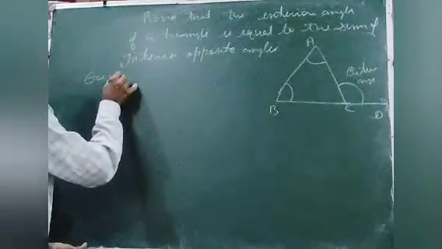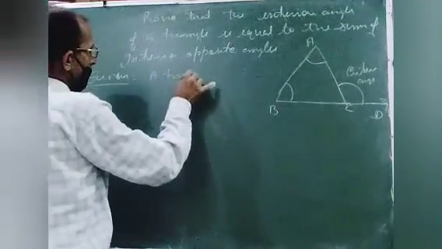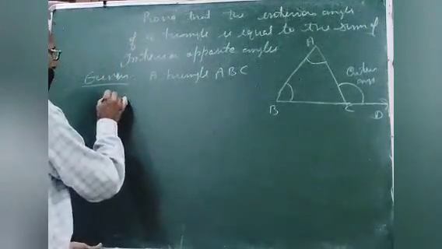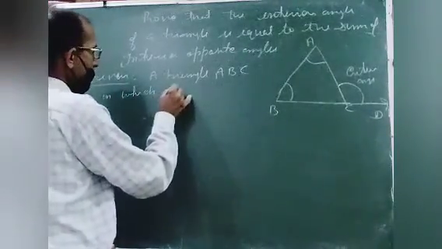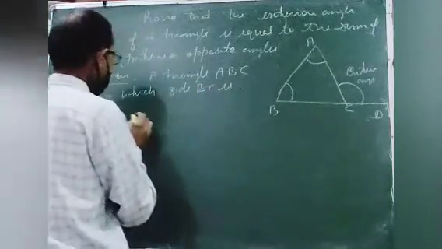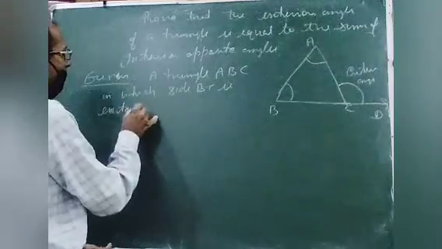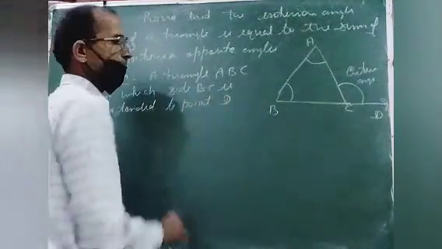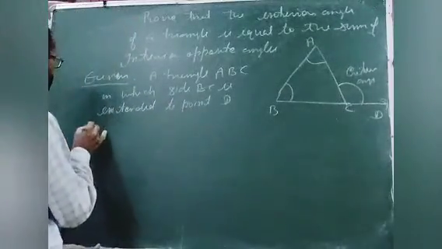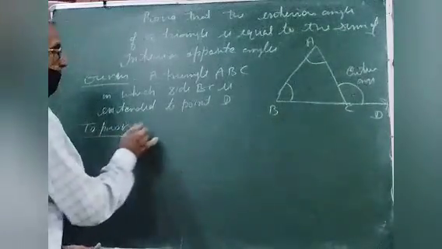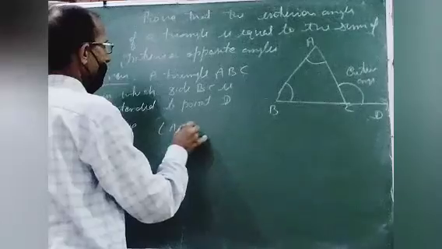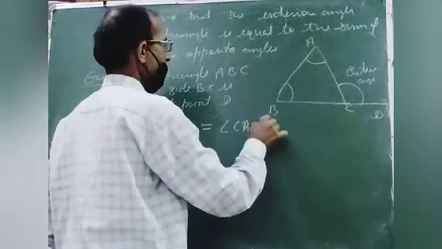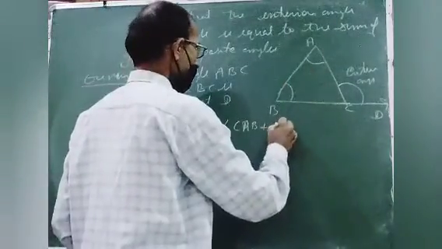Given a triangle ABC in which side BC is extended to point D. We have to prove angle ACD is equal to angle CAB plus angle ABC.